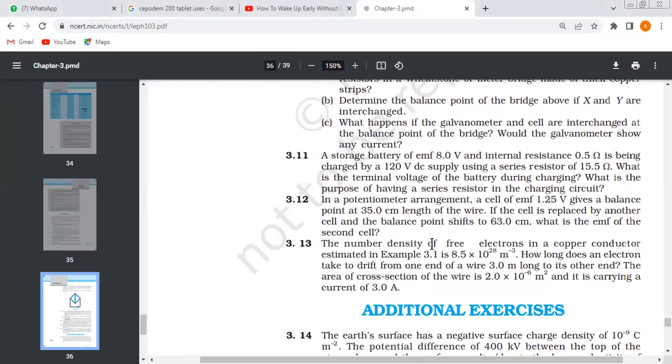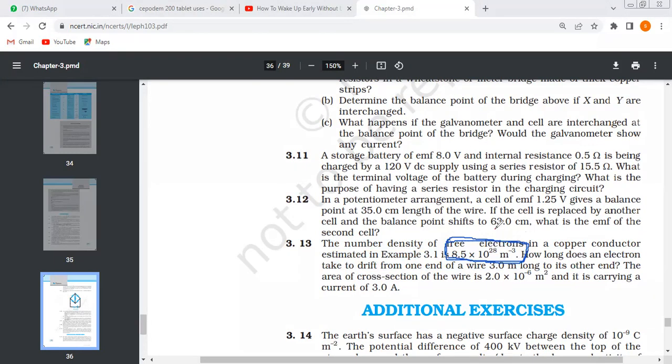The number density of free electrons in a copper conductor is 8.5 into 10 power of 28. How long does an electron take to drift from one end to the other end of a 3 meter long wire? Area of cross section is given, current is given. So from the given data, what are the terms? What is this 8.5 into 10 power of 28?